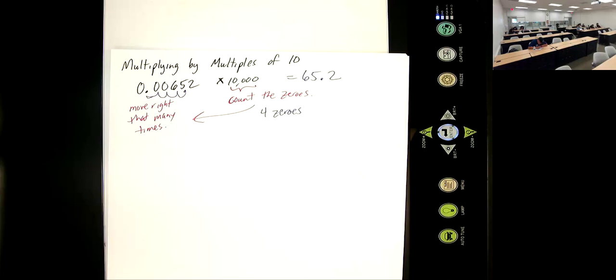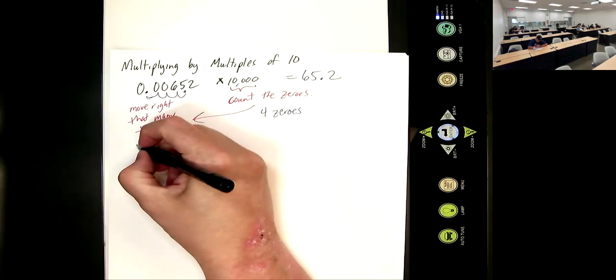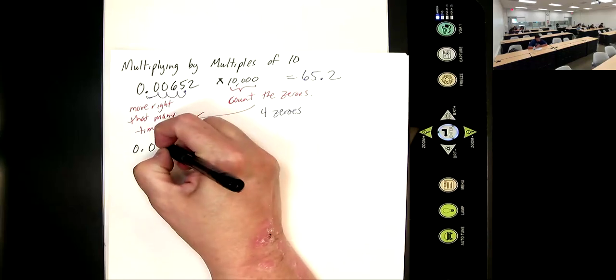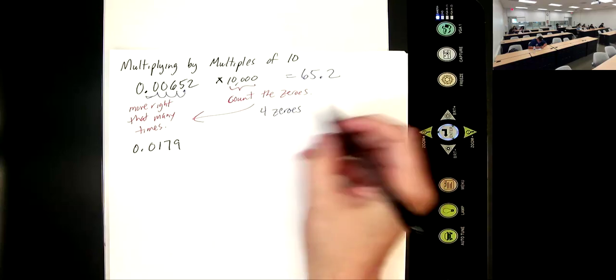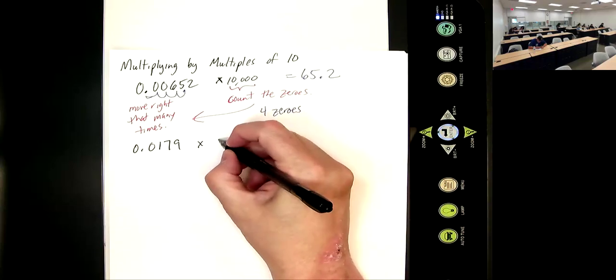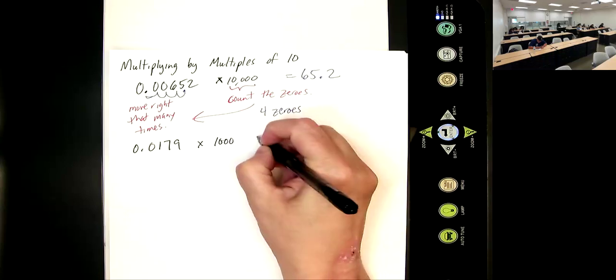So let's say we had 0.0179. And it was times 1,000. What should I get?